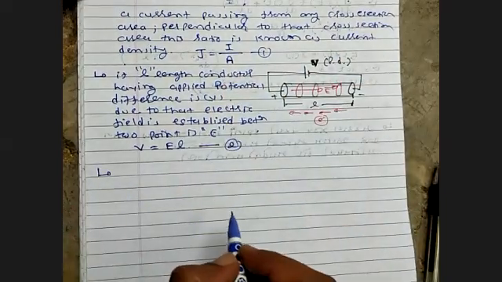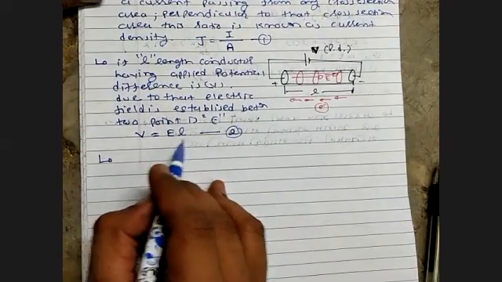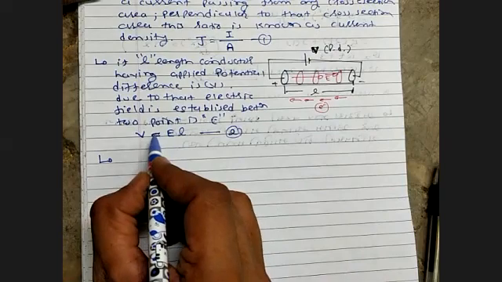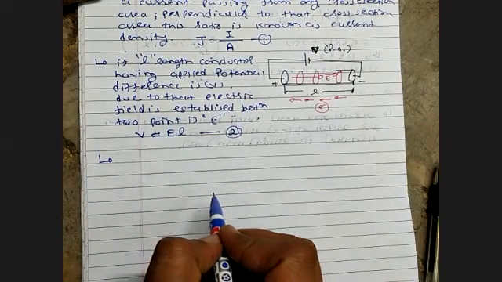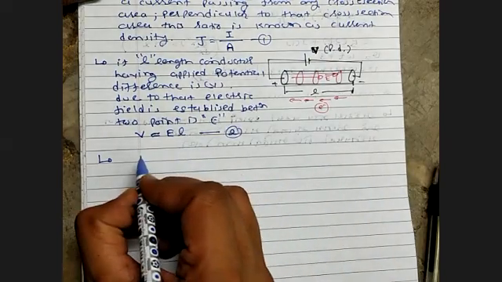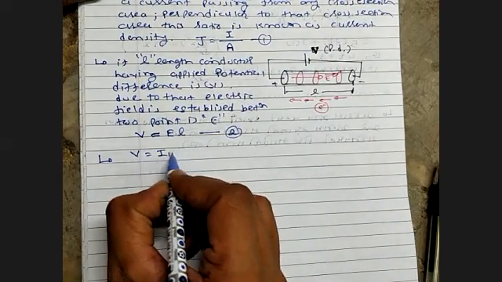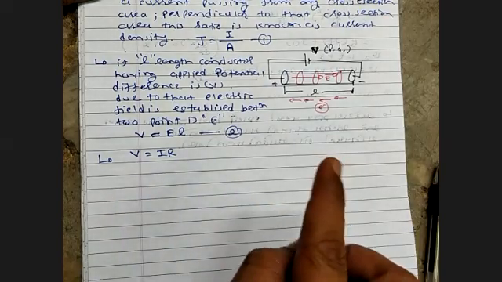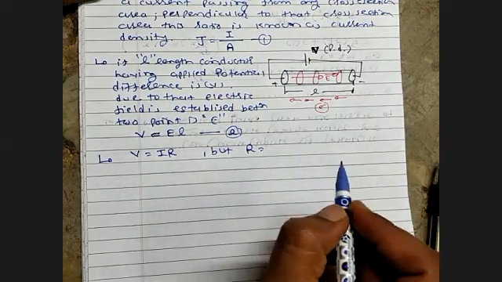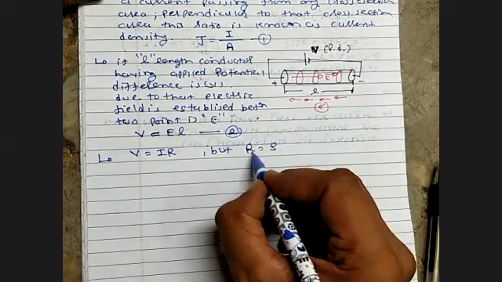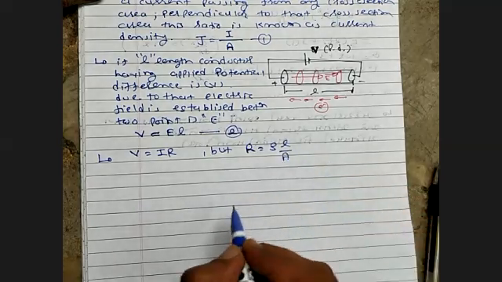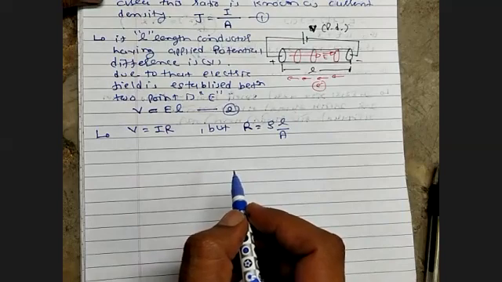Now further, as you know, V is equal to E into L. This is the electric field and that is the length L. Now, as you move forward, V is equal to I into R, but the equation of this resistor R is equal to rho L upon A, and its value is named as resistance.